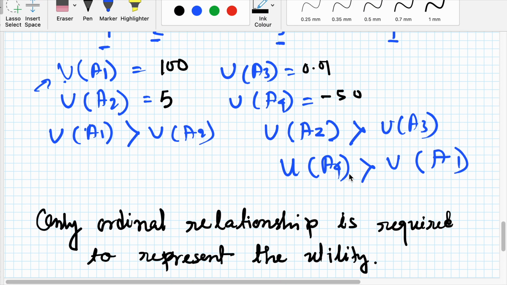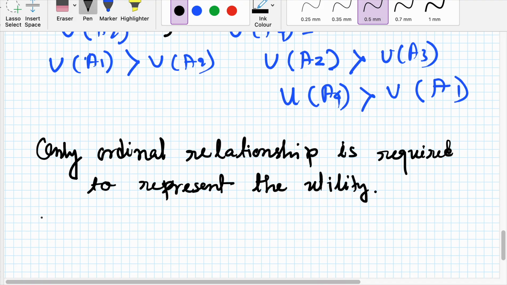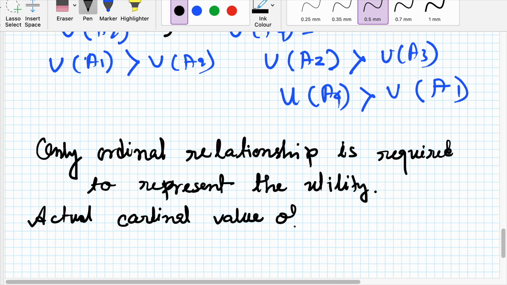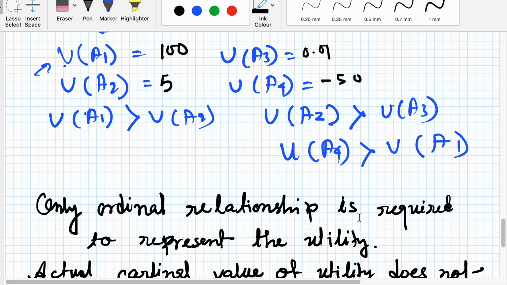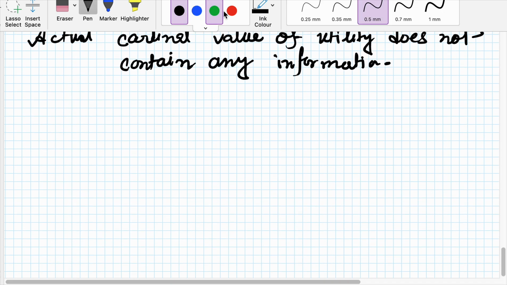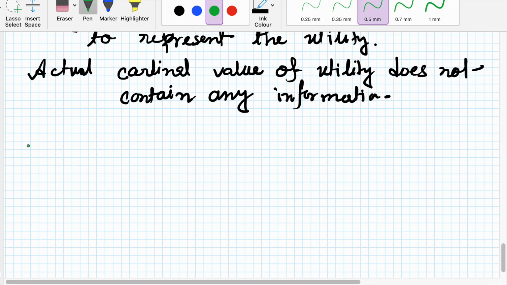The actual cardinal value of utility does not contain any information, but when I present a set of options and associate a set of numbers that preserve the ordinal ranking, it means that this utility function is not unique.